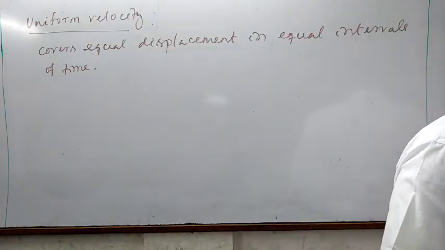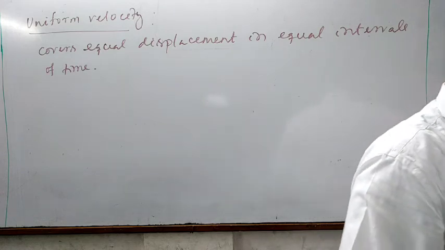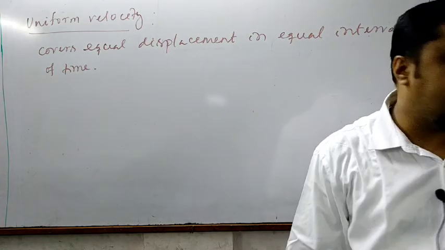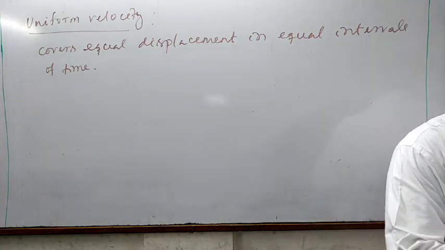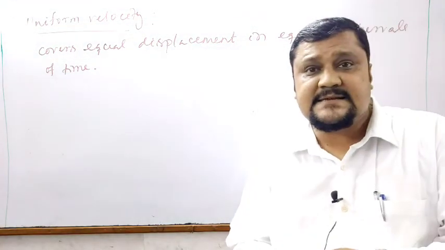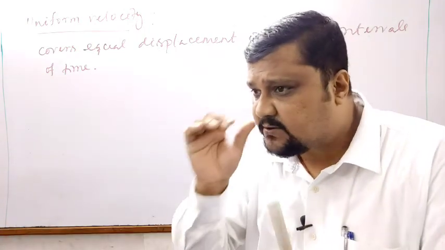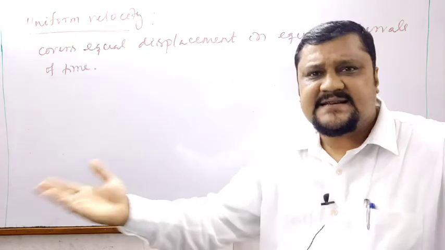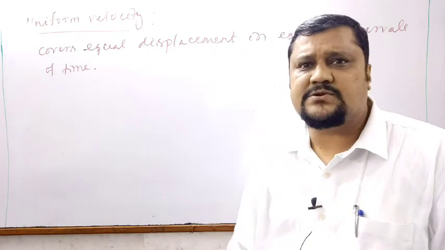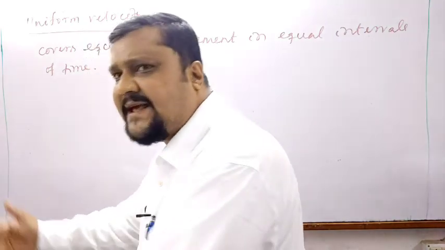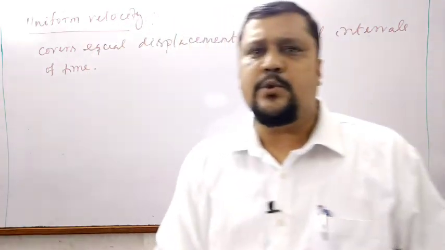So uniform velocity means that it covers equal displacement in equal intervals of time, and in addition to that, however small these time intervals may be. It is not necessarily that for 1 hour I am covering the distance. You can say that for 1 second also I am moving in this direction. In every 1 second, if my displacement is the same, then that is also a uniform velocity.